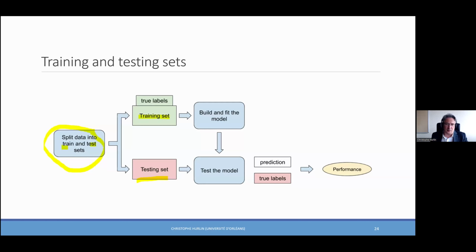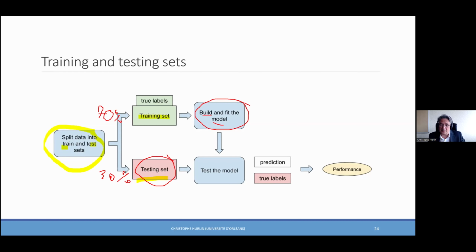In general, the training set represents 70% of the observations, and the test set represents, for instance, 30%. It's not a general rule, but it is a rule of thumb. Then, with the training set, you apply an algorithm, and this algorithm will build and fit a model. This model will be used on the test set that has not been used to train the model.